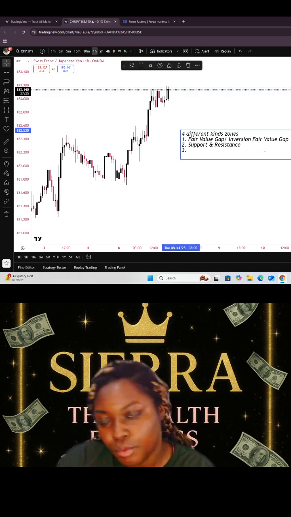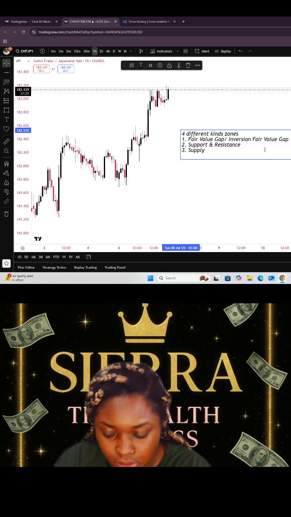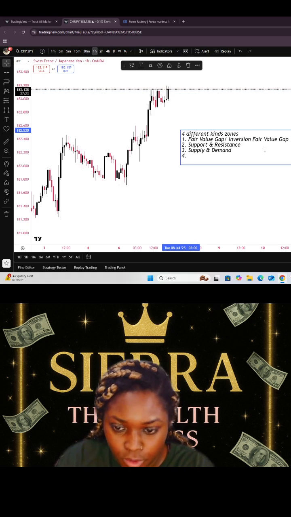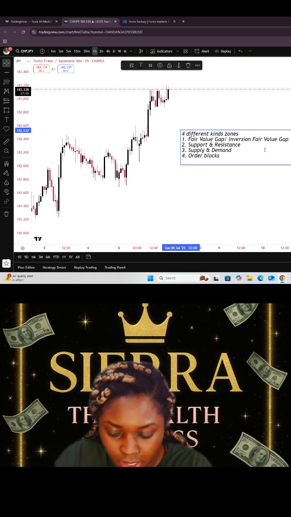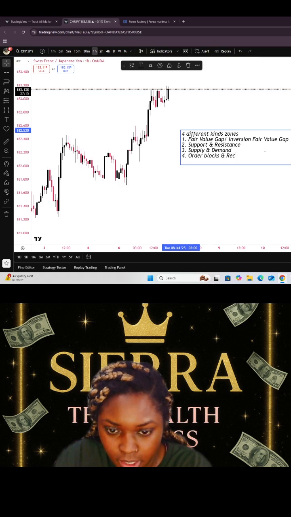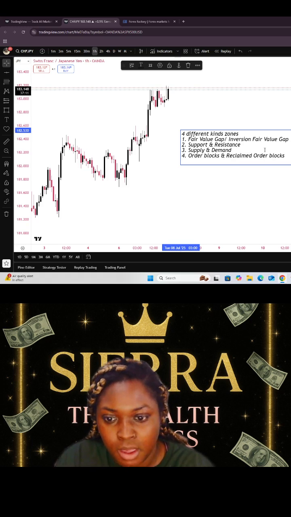The third one is supply and demand. And the fourth is order blocks and reclaimed order blocks. Okay?